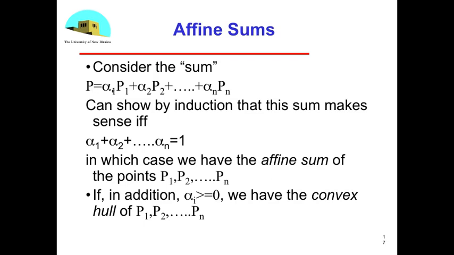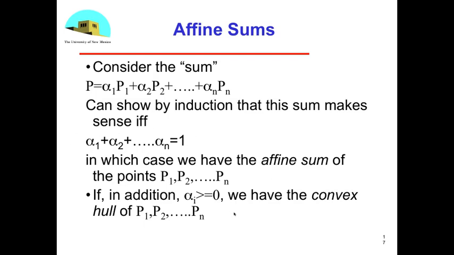So P equals alpha 1 P1 plus and so on, up to alpha n Pn for a set of n points, is called the affine sum if this is true. Now I'm going to put the additional restriction that each alpha is greater than or equal to 0. Notice that also implies that each alpha has to be less than or equal to 1, because if any of them get bigger than 1, then somebody else is going to have to be negative because of this sum.